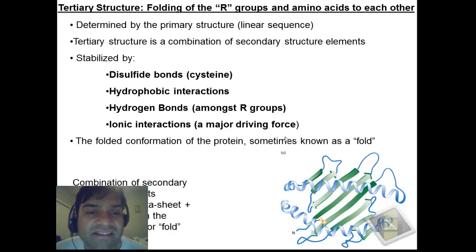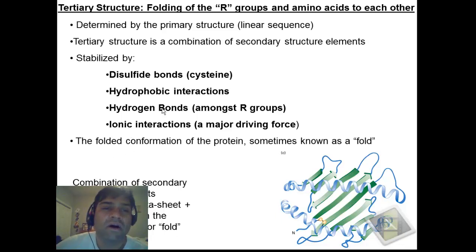Histidine is a side chain that's positive or basic at physiological pH. Remember that imidazole group, and that could have an ionic interaction with a side chain that's negative at physiological pH, maybe aspartate or glutamate. Lysine, histidine, and arginine are the basic amino acids. Aspartate and glutamate are your acidic amino acids. So you can have an ionic interaction there.